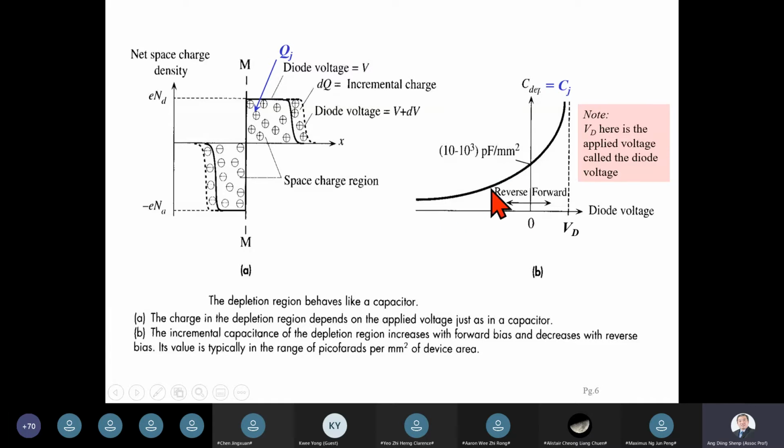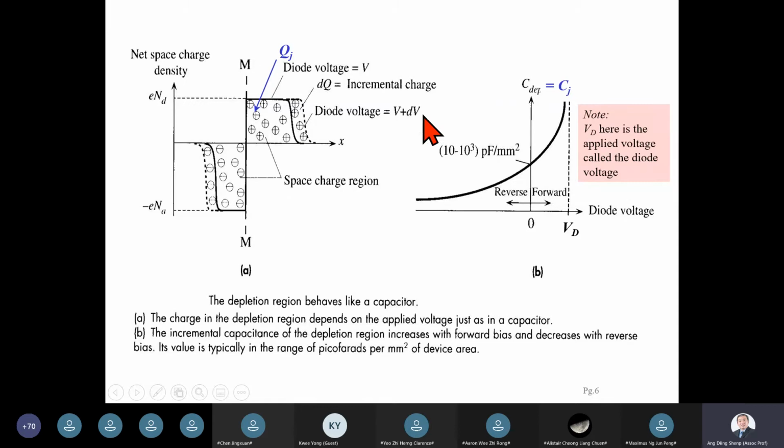Now, why does the capacitance decrease when you apply a reverse bias, and continue to decrease when you increase the reverse bias? And why does the junction capacitance increase when you apply a forward bias, and continue to increase as you increase the forward bias? One simple way to understand this is that as you increase the forward bias, for example, the depletion width narrows down.